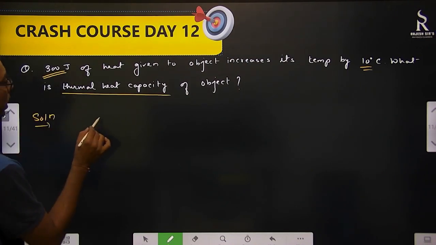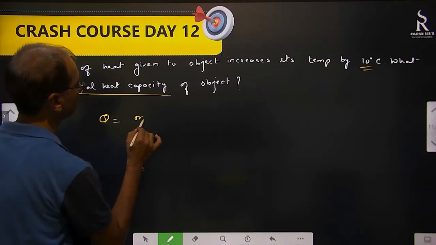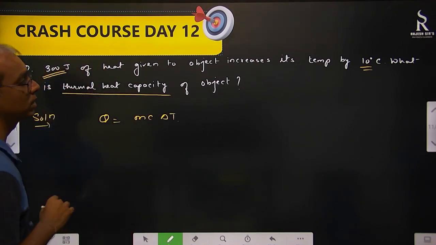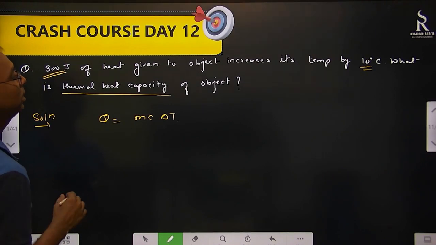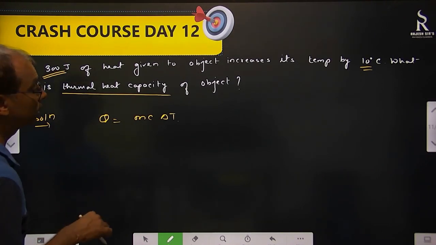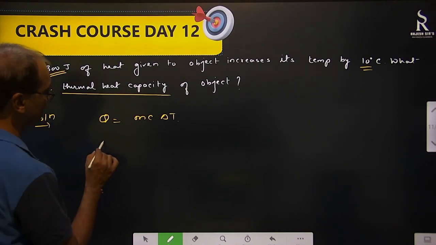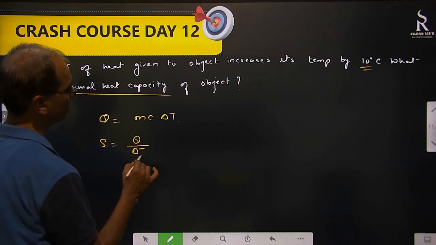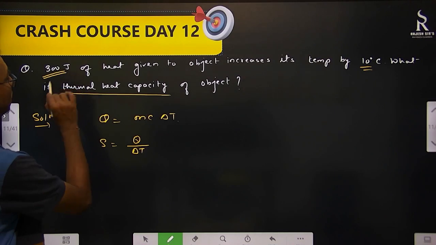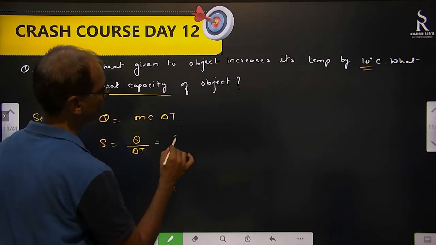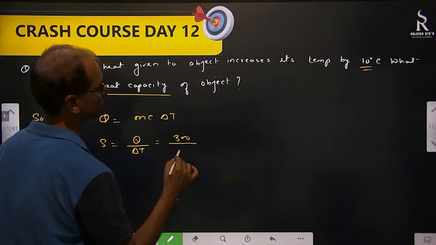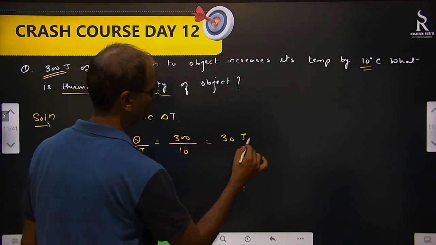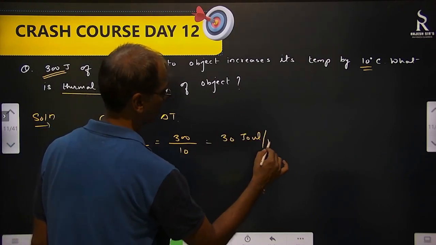See, normally we write Q equal to mc delta T, where C is specific heat. But he is not asking that. He is asking thermal heat capacity. For thermal heat capacity, what is the formula? S equal to Q by delta T. Direct formula is there. So what is the Q given? 300. And what is the change in temperature? 10. Answer is what? 30 joule per Kelvin.